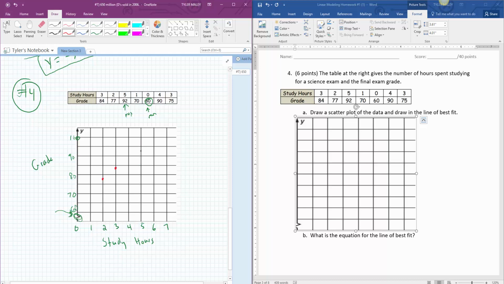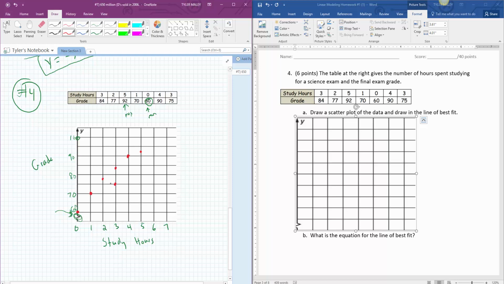So it would be about here. 1, 70. Would be here. 0, 60. Would be here. 4, 90. Be here. And 3, 75 would be here. So that appears to be my data.